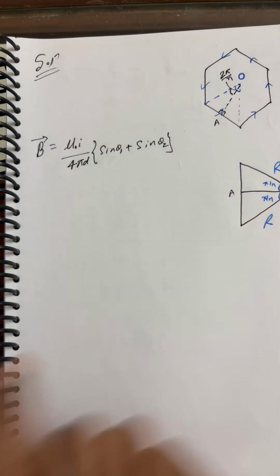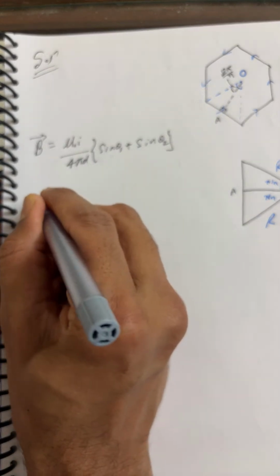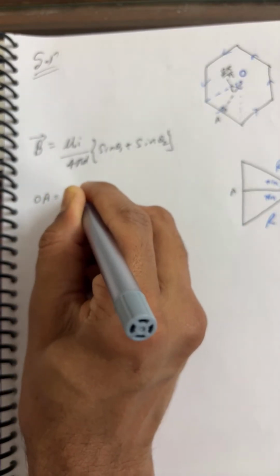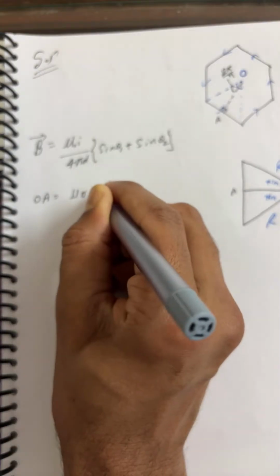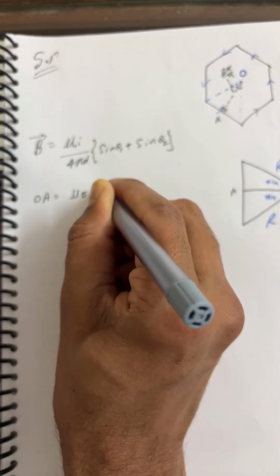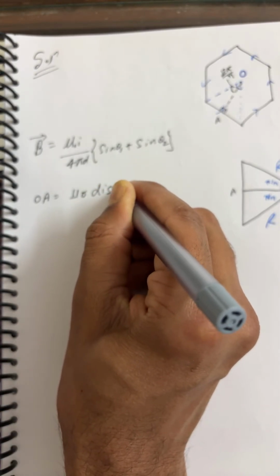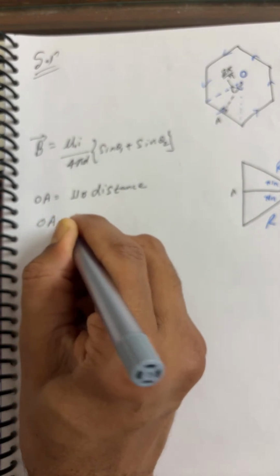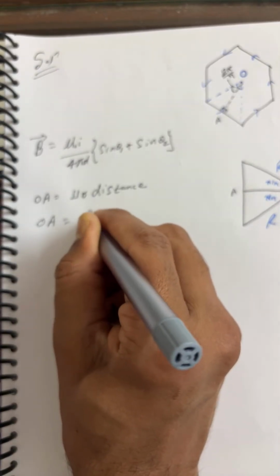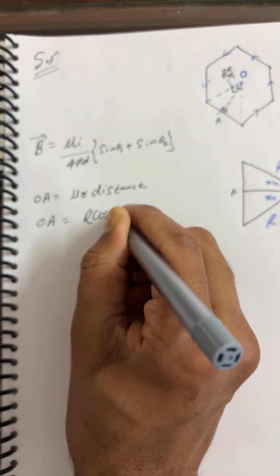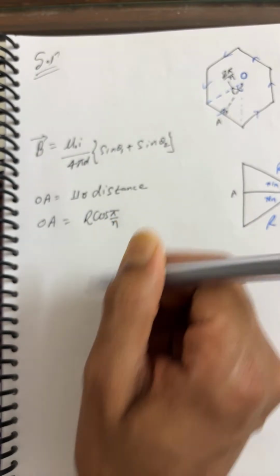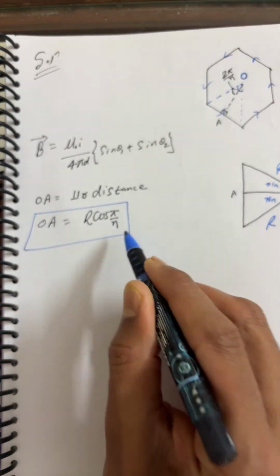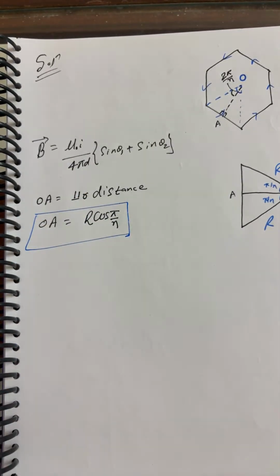You can see this perpendicular distance, here I'm writing this is OA, which is the perpendicular distance, so OA equals r cos of pi by n. So finally I got one answer, that is d equals r cos pi by n.